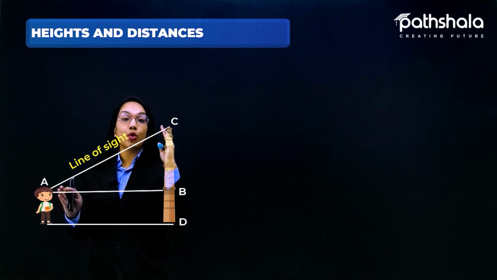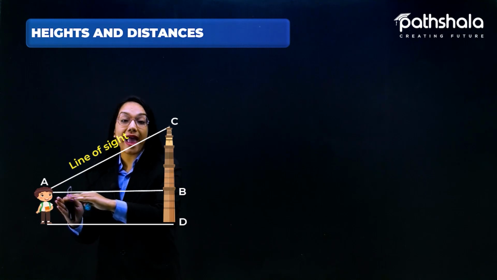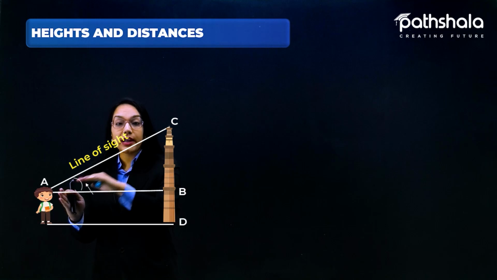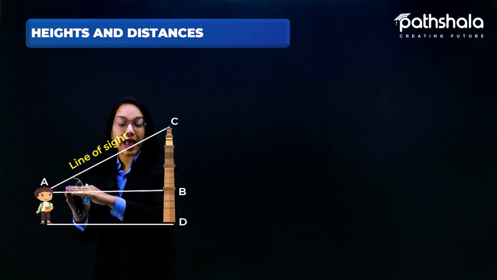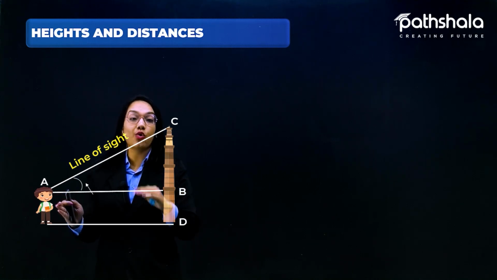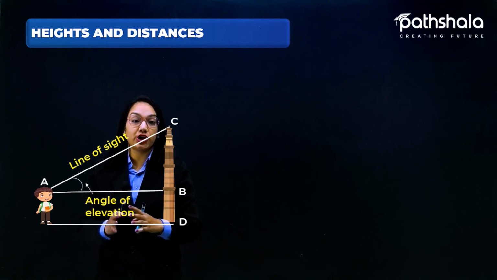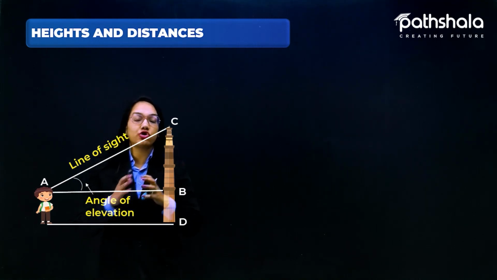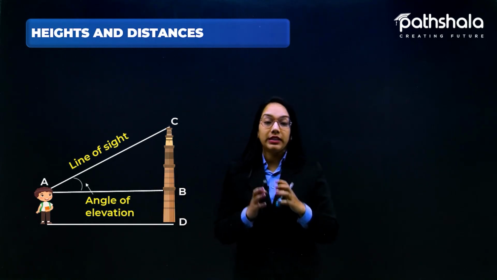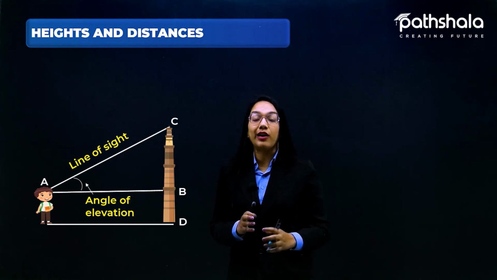Moreover, the line of sight makes a particular angle with the horizontal line AB, and this angle is called the angle of elevation. The angle of elevation is a very important concept of this chapter.